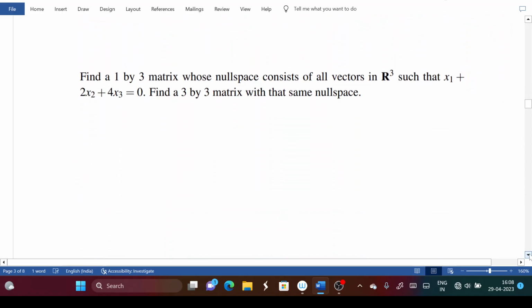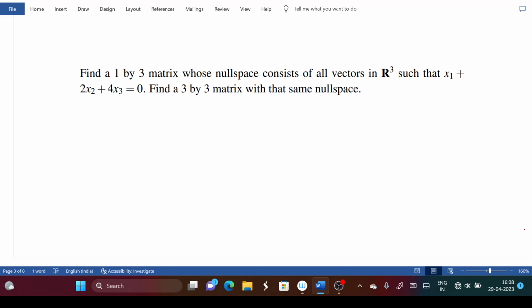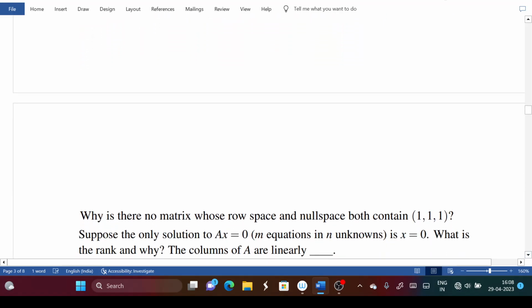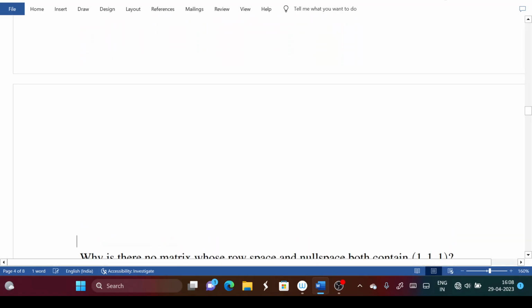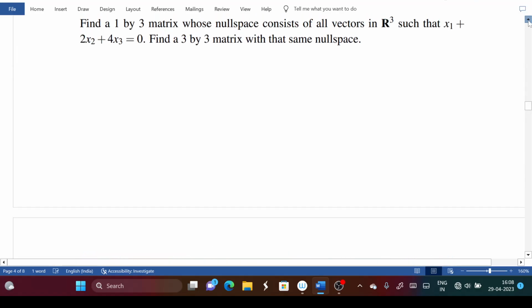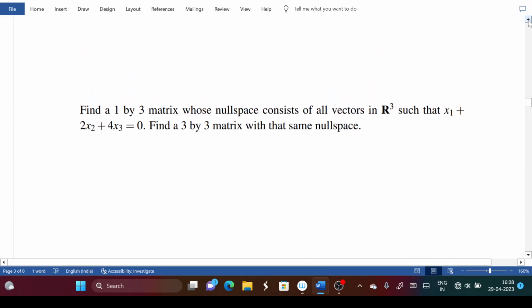Next question is, find a 1 by 3 matrix whose null space contains all vectors in R cube such that this equation is satisfied, that is x1 plus 2x2 plus 4x3 is equal to 0.